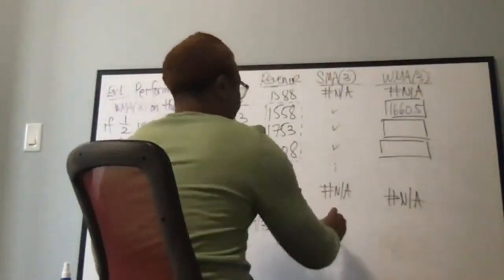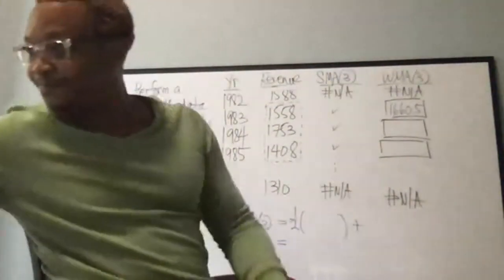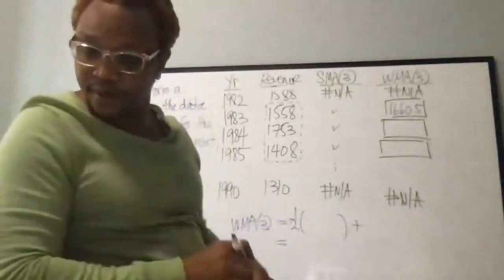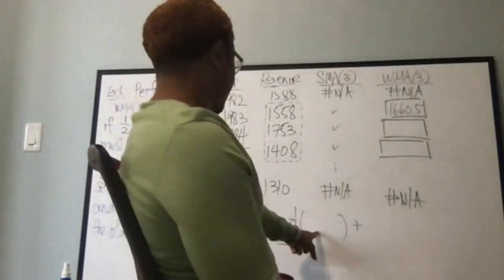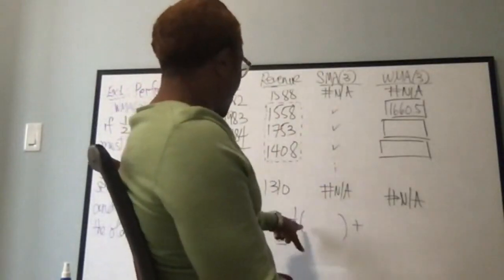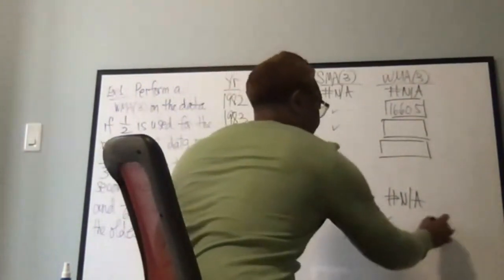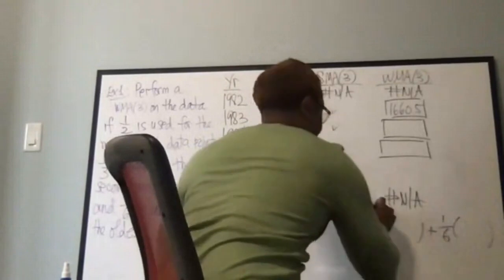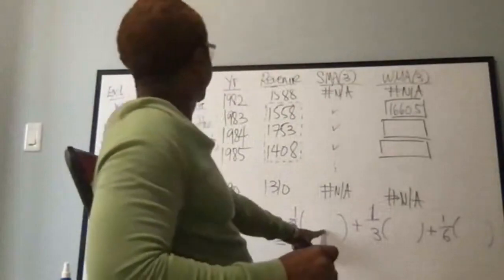1/2. Now which one, what do you think? Isabella, what do you think is going to go here right now? See, I shifted it down 1. Now I'm going to do 1/2 times something, times 1/3 times something, plus 1/6 times something. Isabella, any idea what's going to go in here? 1408.